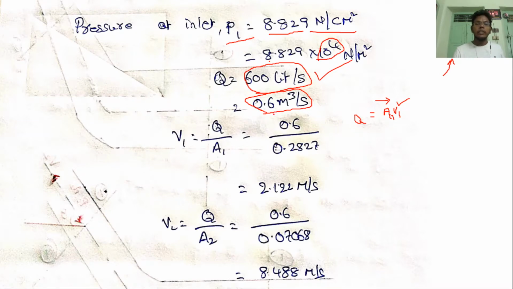Q is there and the area we have found, so I get 2.122 meter per second. Similarly Q equals A2 V2, so v2 is Q upon A2, 0.6 divided by 0.07068, which gives 8.488 meter per second.